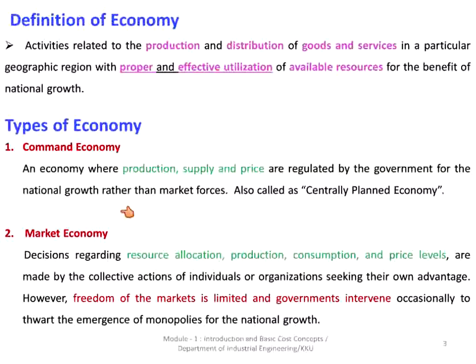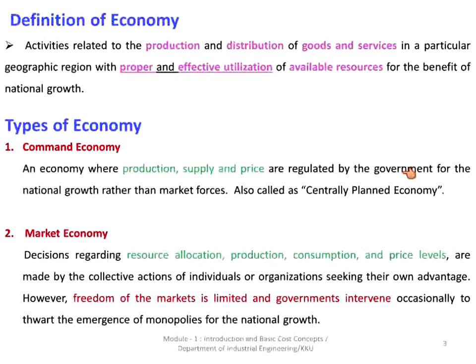You see, there are small markets. Say, for example, Almarai is a milk product, and Nadec is another milk product. These are the people in the market of milk products. So they are not having power to decide how much to produce, how much to supply, what is the price, all these things.